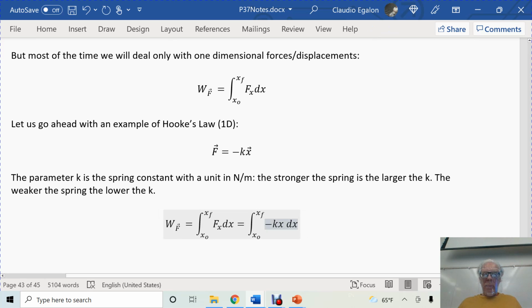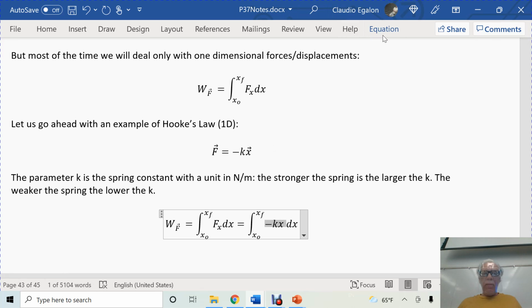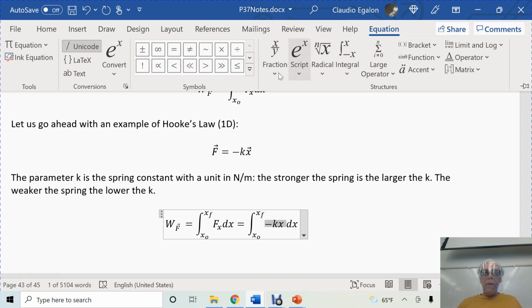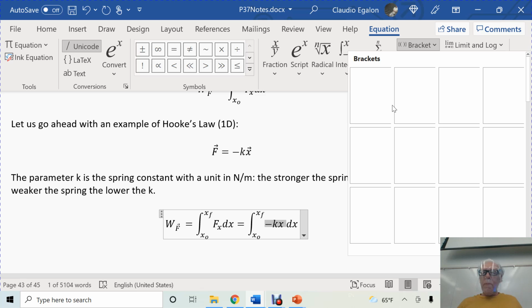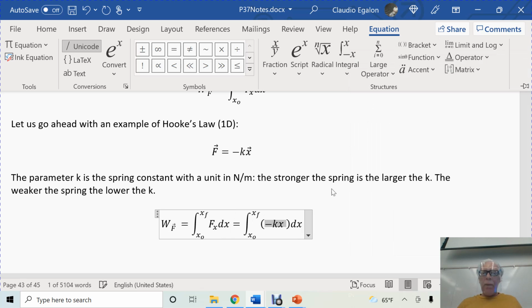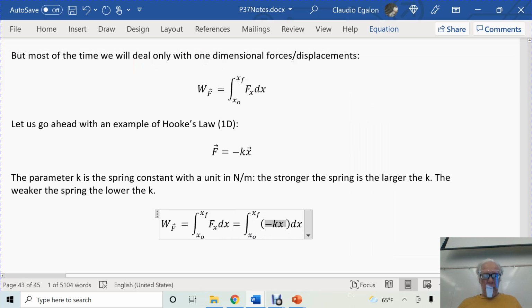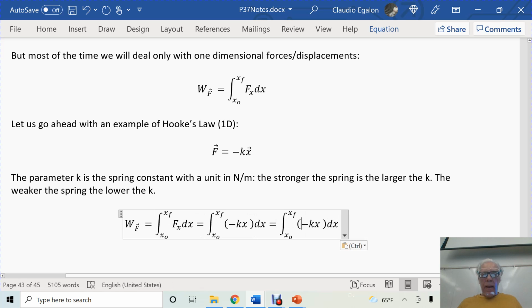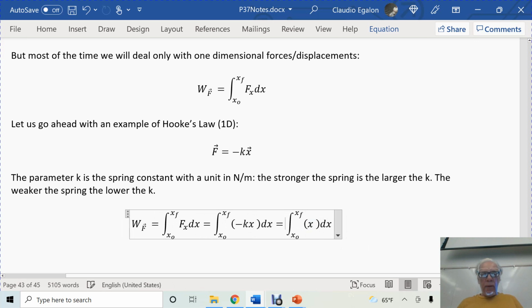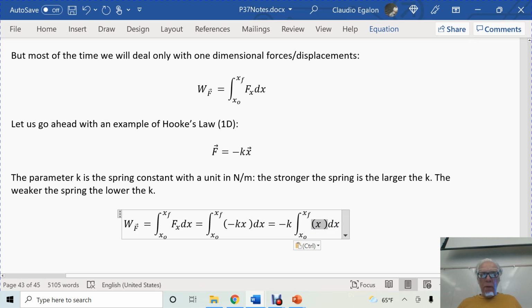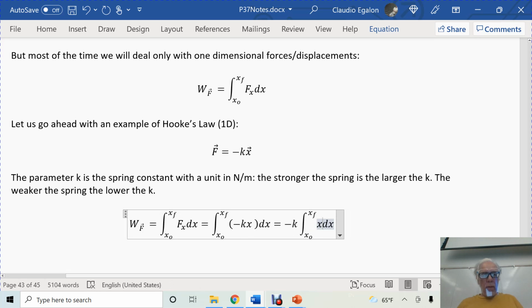I'm gonna put that between parentheses to emphasize that the force, minus kx, was fit within f sub x, and we are going to take minus k from inside the integral. Okay, x dx.